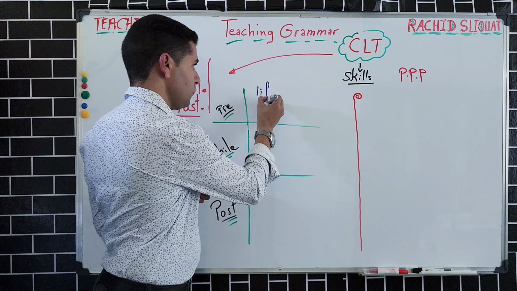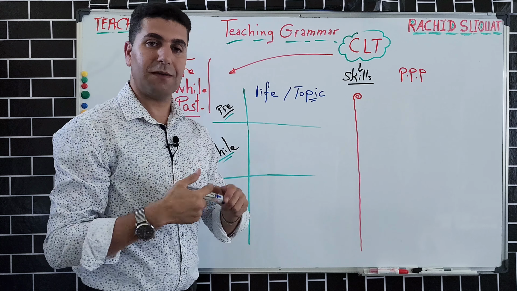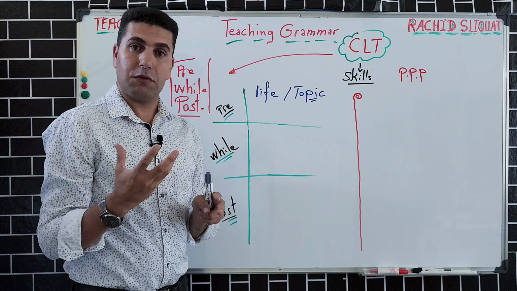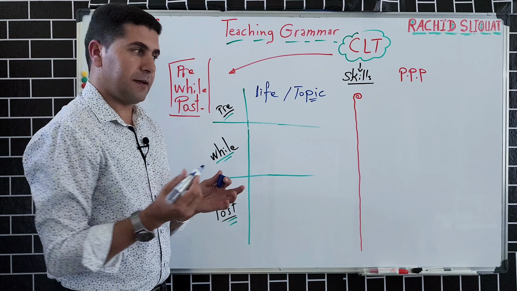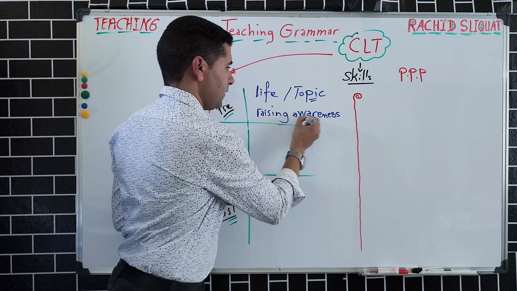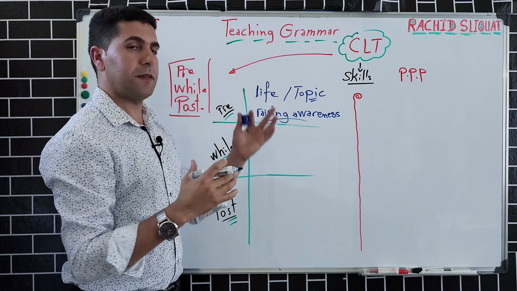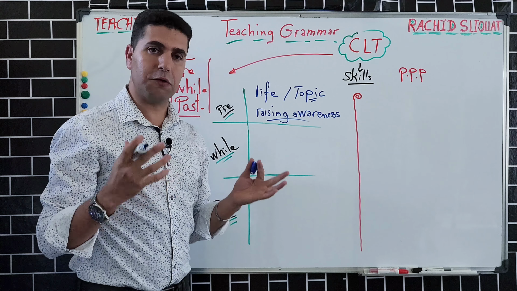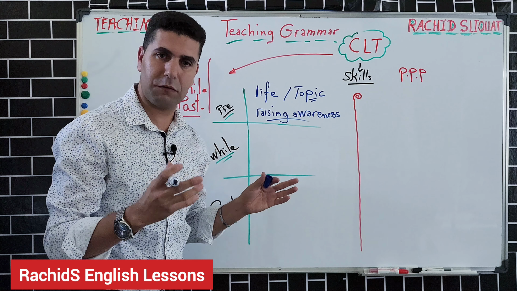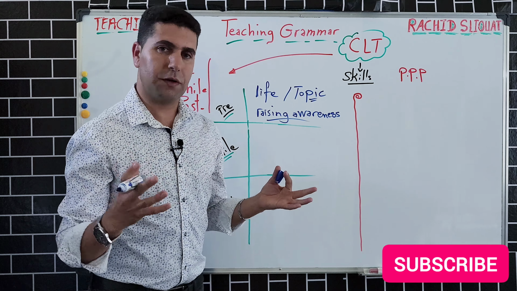You discuss interesting topics that interest students most. It is a kind of raising awareness, preparing students for the grammar lesson. This is what the pre-grammar phase is all about.